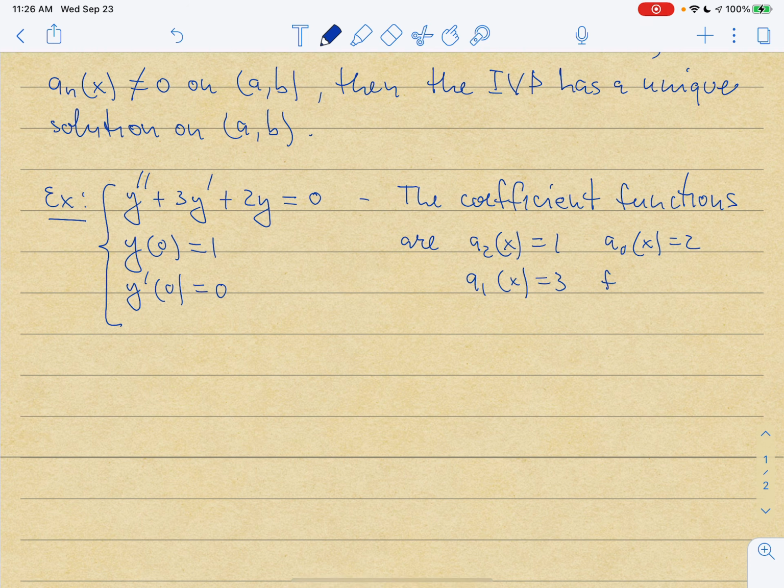And in fact, f(x) is equal to 0. They're all constants, and therefore they're all continuous.